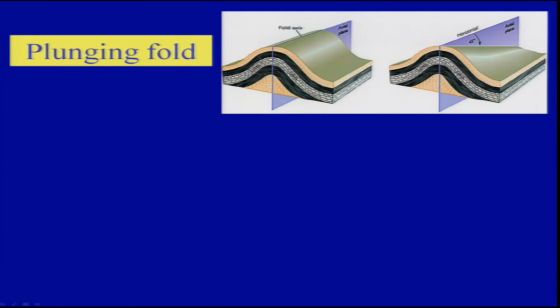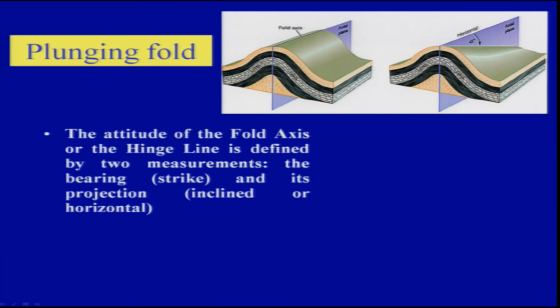So this will dip. The attitude of the fold axis or hinge line is defined by two measurements: the bearing, that is the strike, and the plunge, its projection, whether inclined or horizontal.